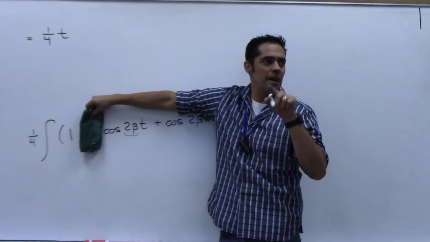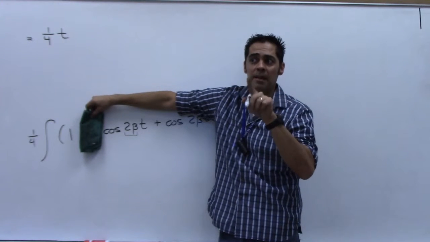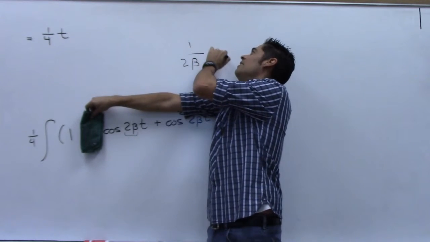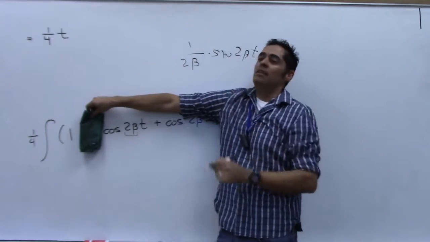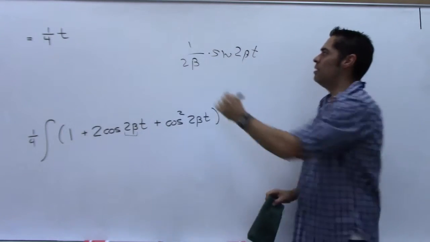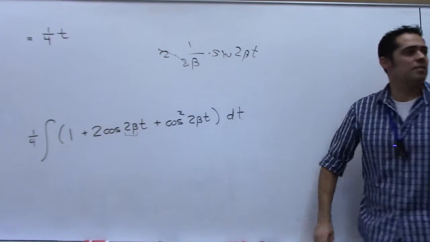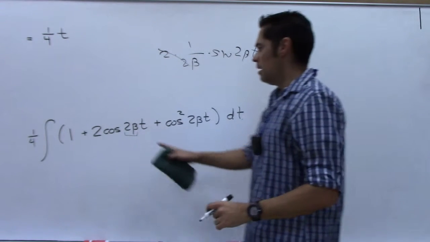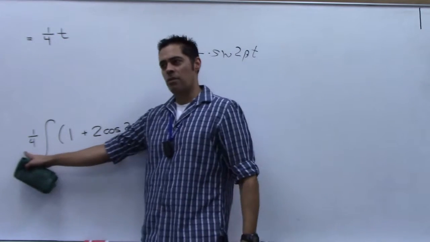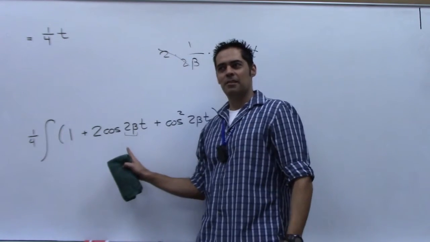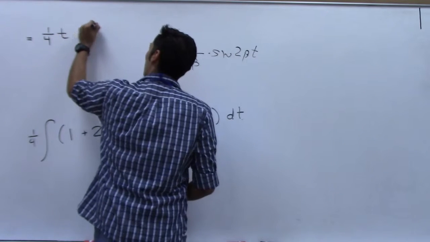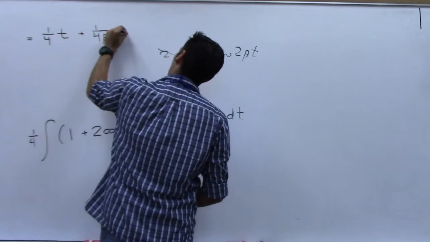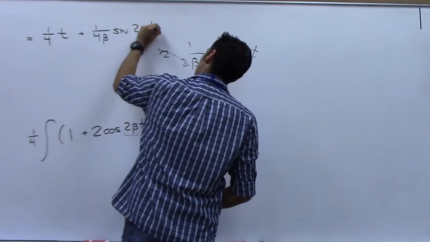So 1 over 2 beta sine of 2 beta t. But what's in front of that? A 2. That 2 here cancels. So it's really just 1 over beta sine 2 beta t, times 1/4. So 1/4 beta sine 2 beta t.